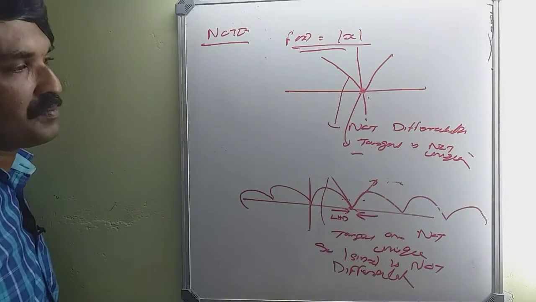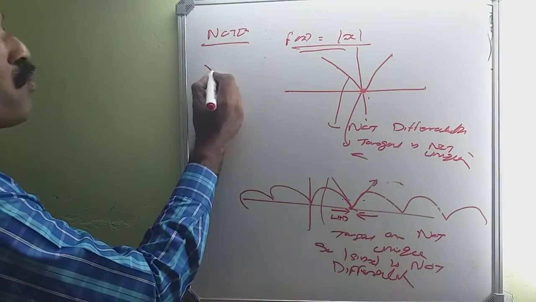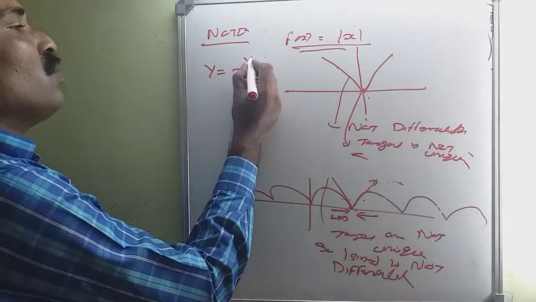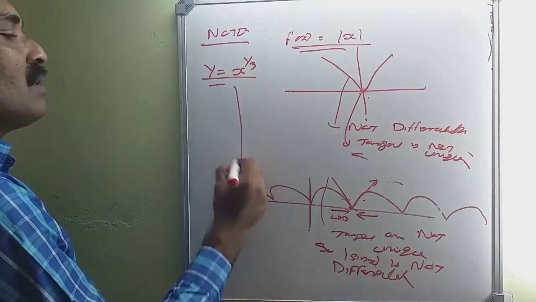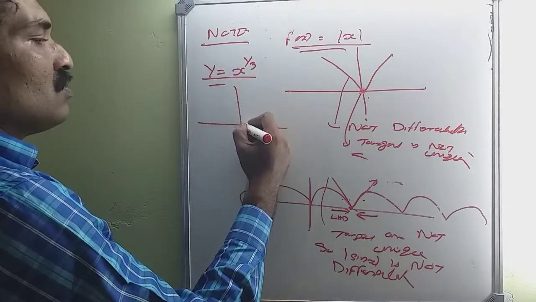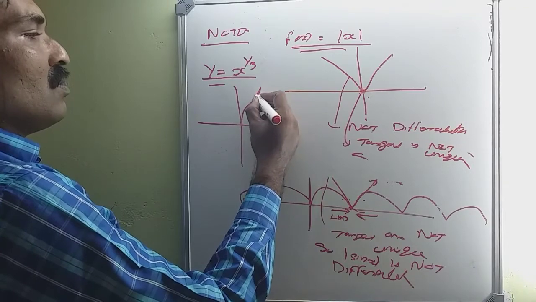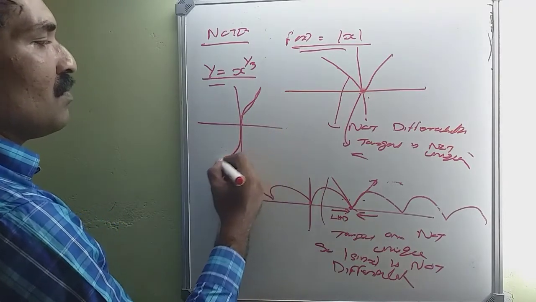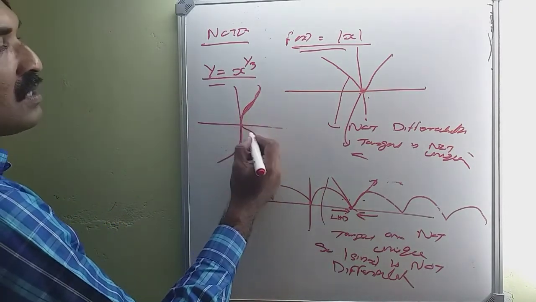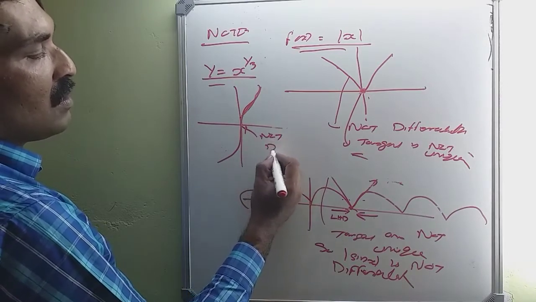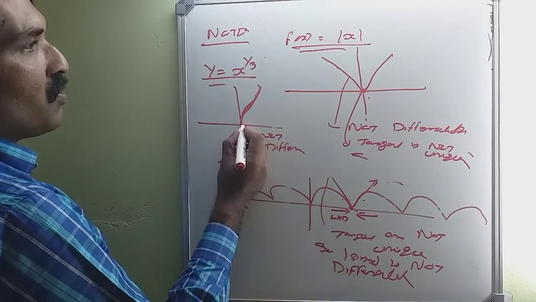Now consider y is equal to x raised to 1 by 3. This is a graph of x raised to 1 by 3. This is not differentiable at this point.